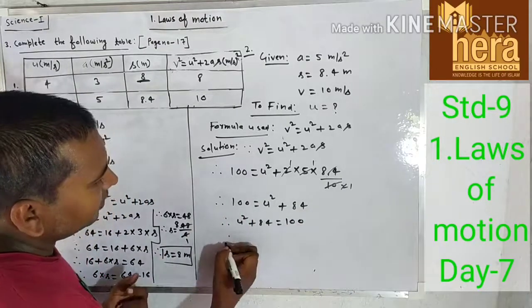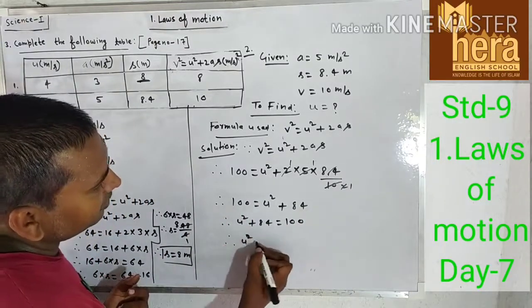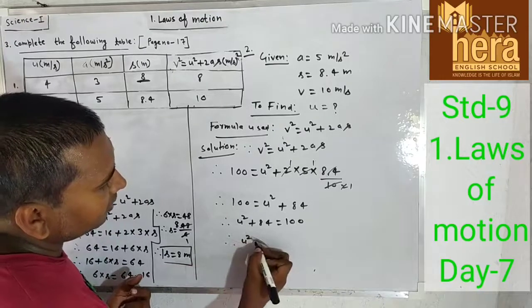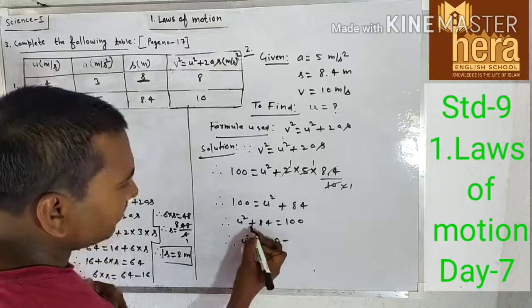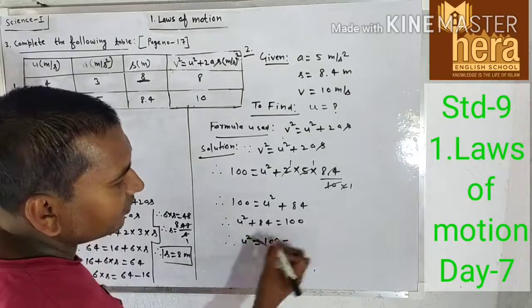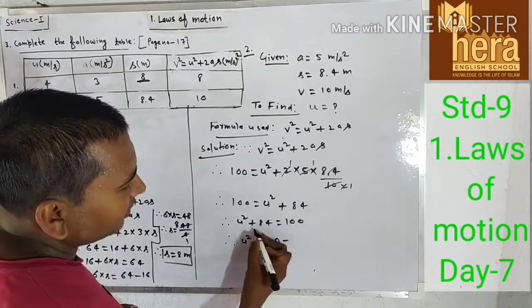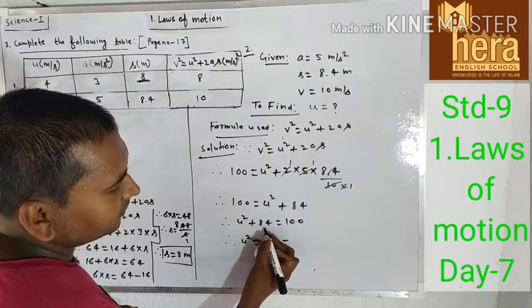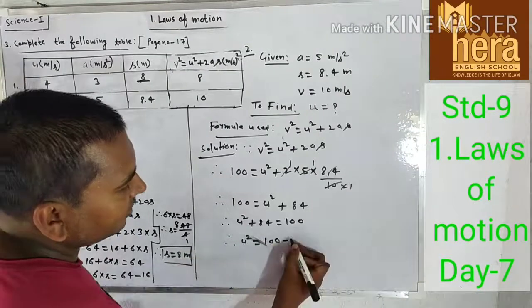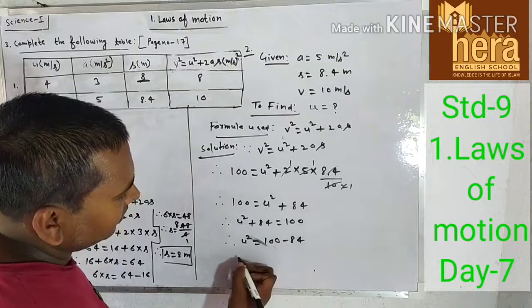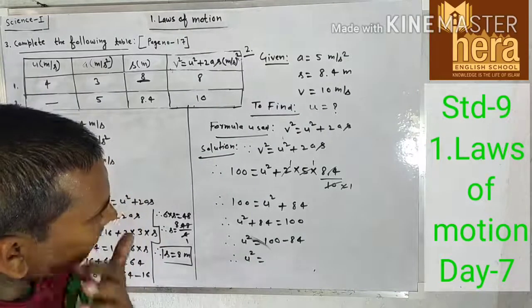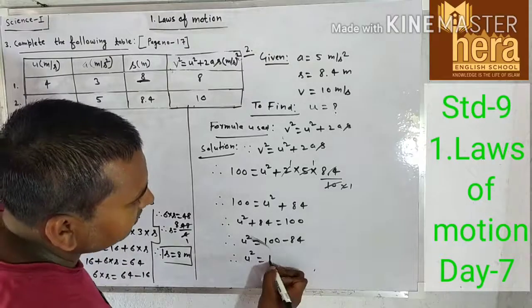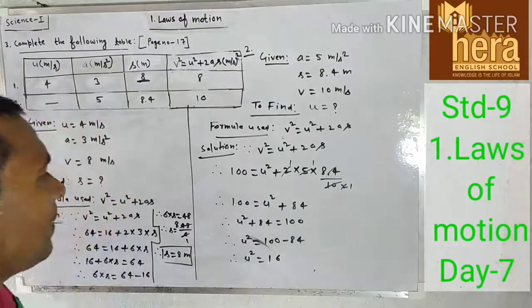Therefore U square is equal to 100 minus 84. After the equal to sign, the plus sign will be converted into minus sign. Therefore U square is equal to 100 minus 84, that is 16, right?